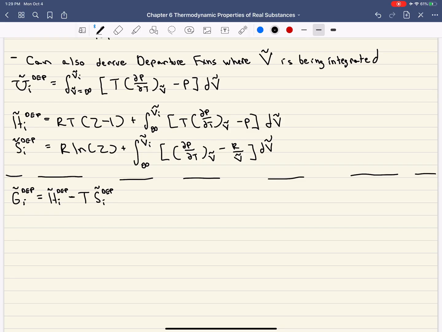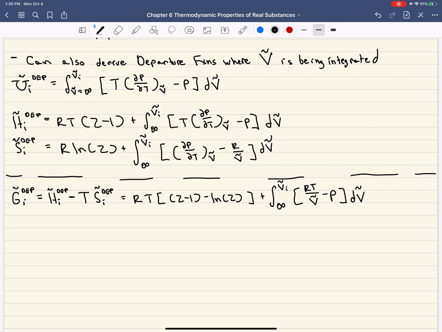If we take our H and our S from here, what we get is this. So this is the Gibbs energy departure function.